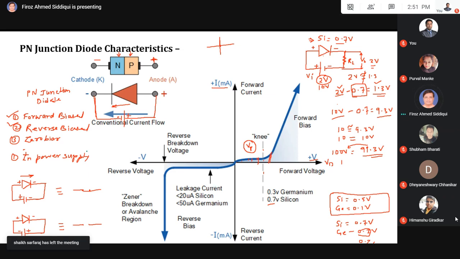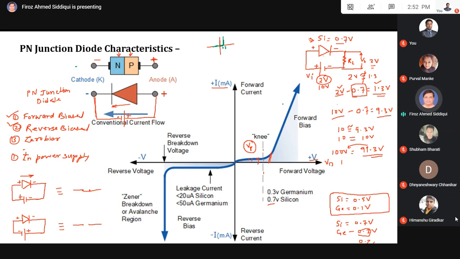Ideal diode means the diode will act like a short circuit in the forward bias condition. So in the forward bias condition, the diode will be like this. This is the ideal diode characteristic. As soon as this 0.7 volt is across the diode, it will start conducting.